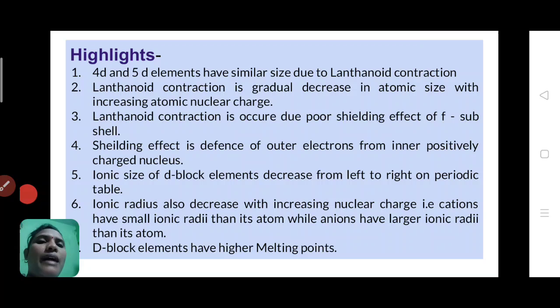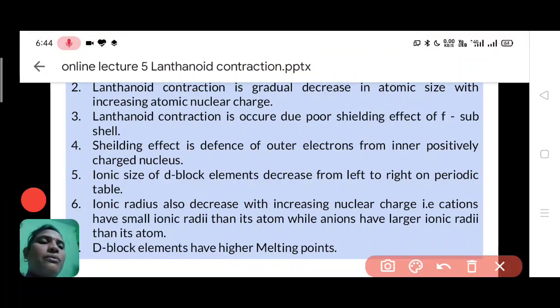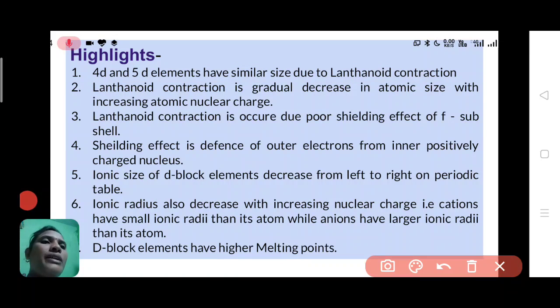So now the highlights of today's lecture. First, the point we have learned in this lecture is that 4d and 5d elements have similar atomic size due to lanthanoid contraction.